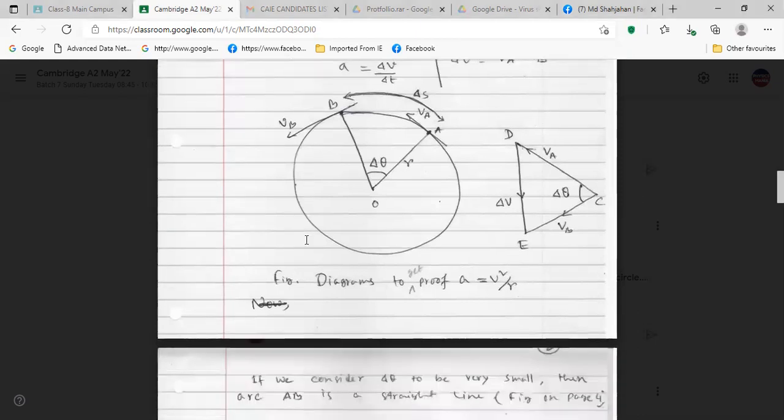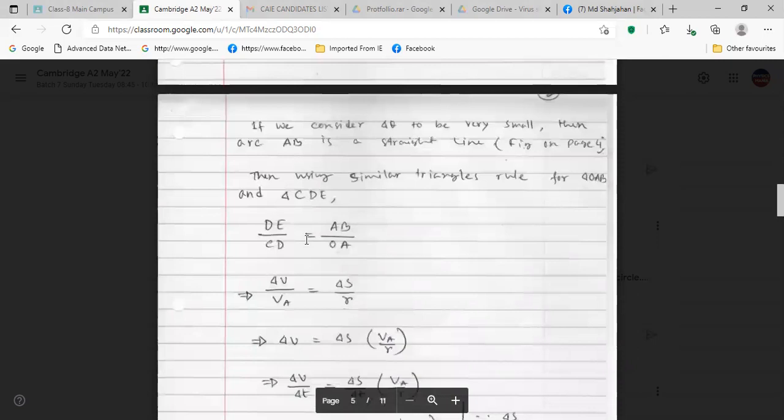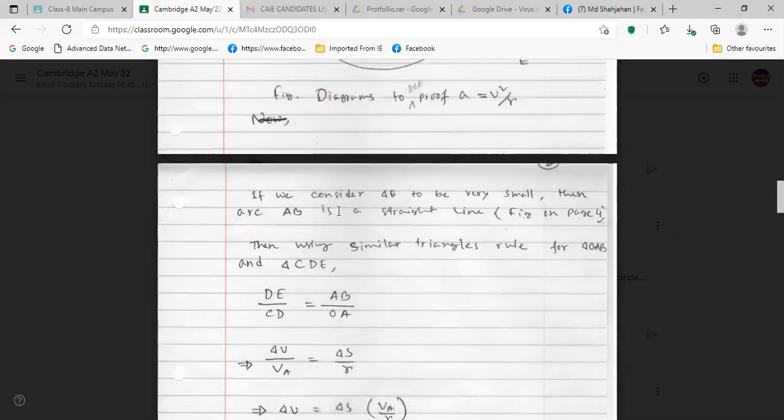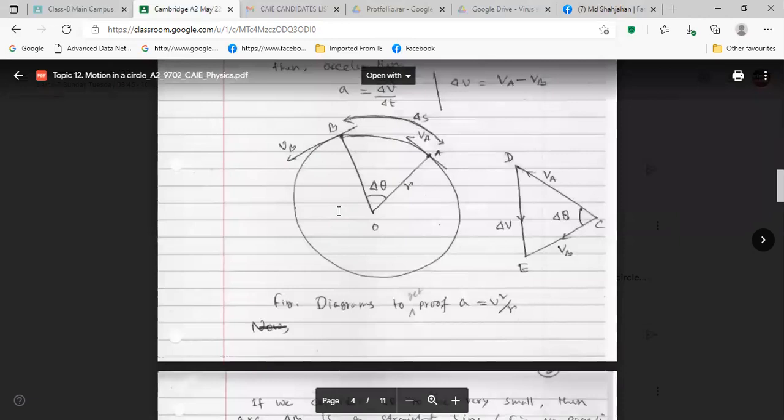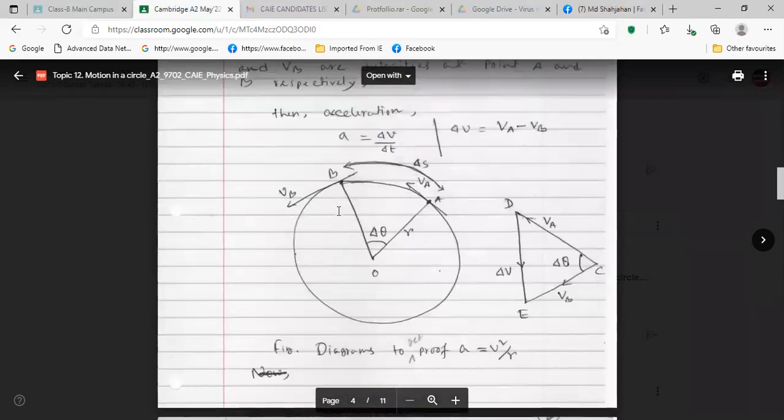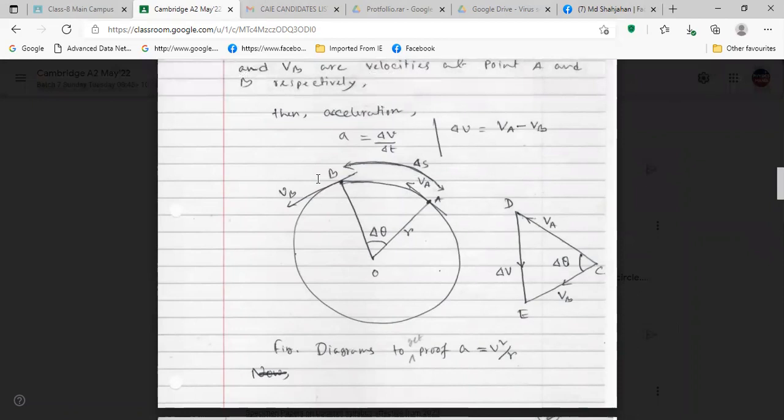So here, as we are considering del theta is very small, then arc AB is a straight line. Okay, then using similar triangles rule for triangle OAB and triangle CDE, we take the CDE and OAB.